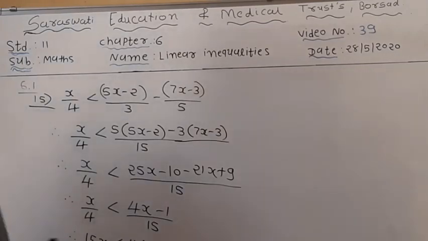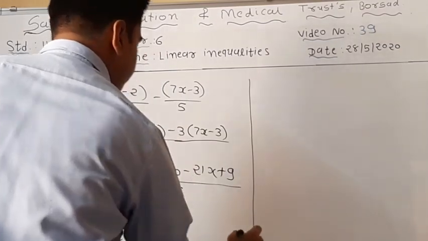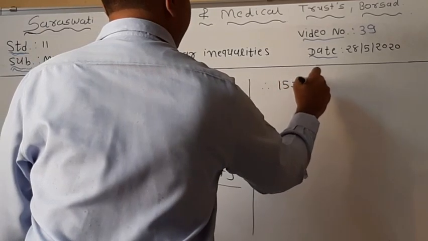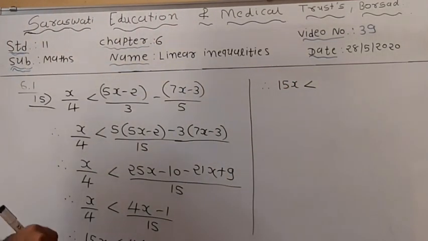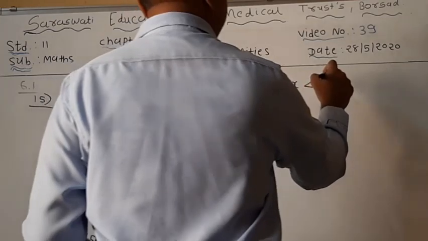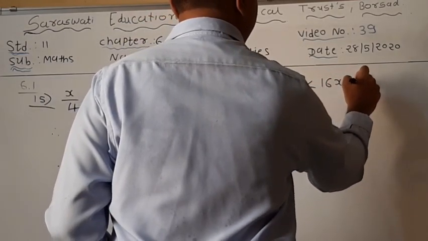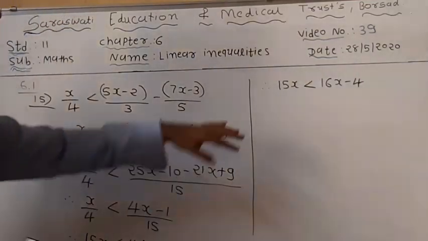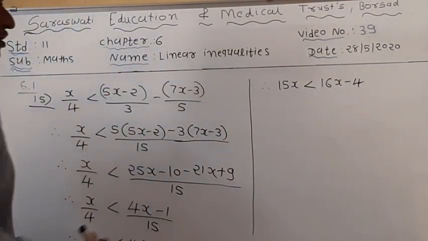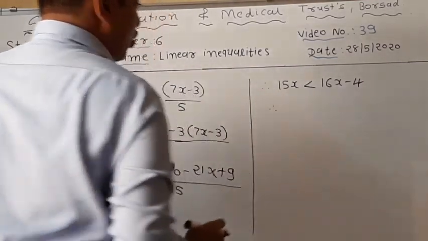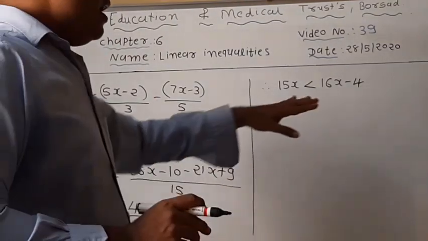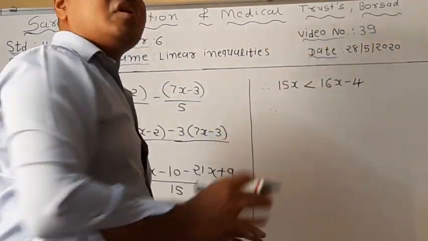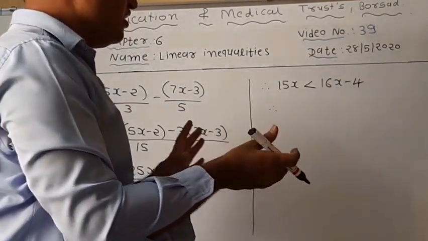Now open this bracket. So 15x is less than 16x minus 4. Write 16x on the opposite side and change the sign. Always remember, x terms go on the left side and constant terms on the right side.